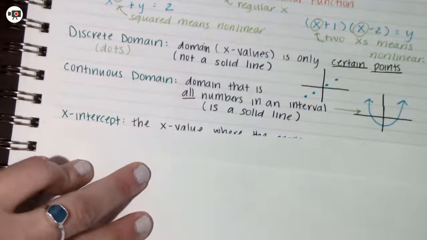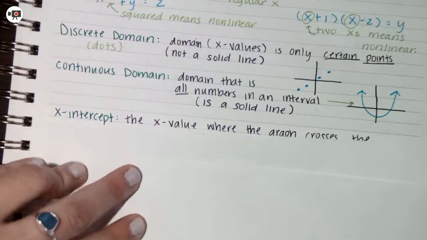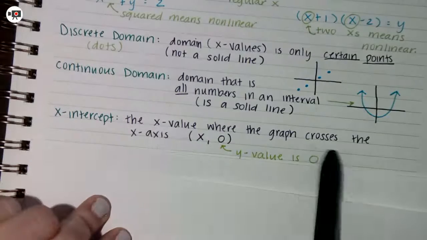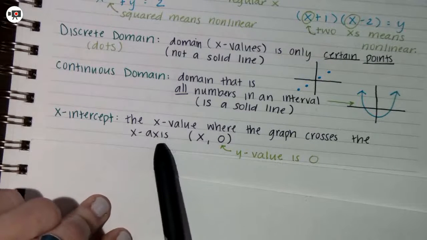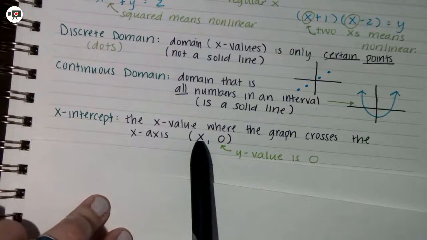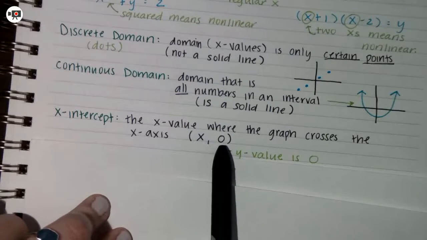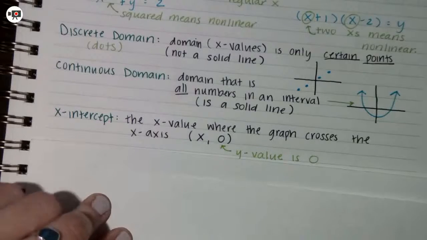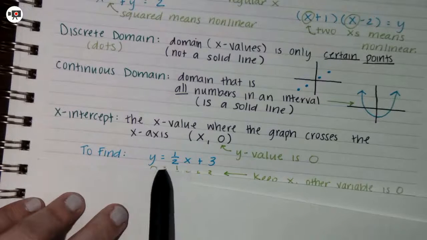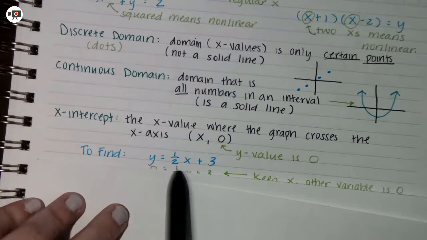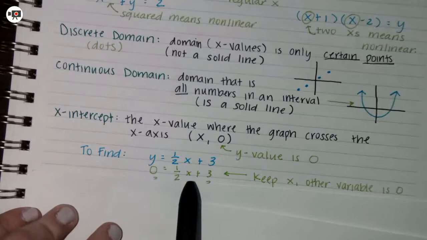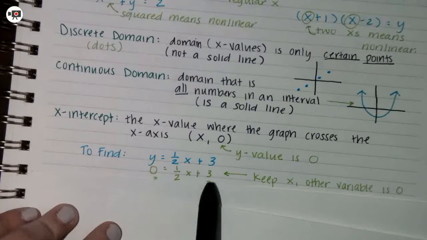If we have equations or graphs and we are asked to find the intercepts, the x-intercept is the x value where the graph crosses the x-axis, written as whatever number x is, so your x equals that number, comma, 0. This means the y value is 0. So if I were to find the x-intercept of y equals 1/2 x plus 3, I'm going to make y 0 and keep the x and then solve for x.